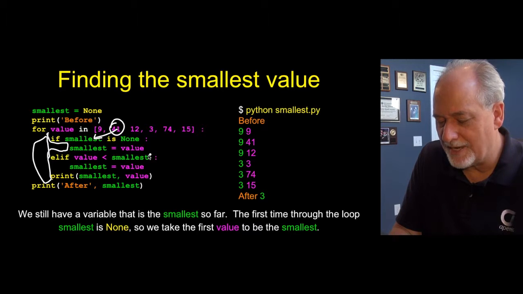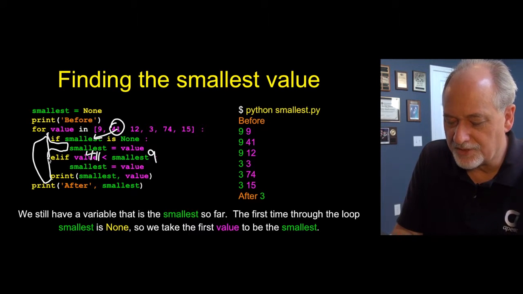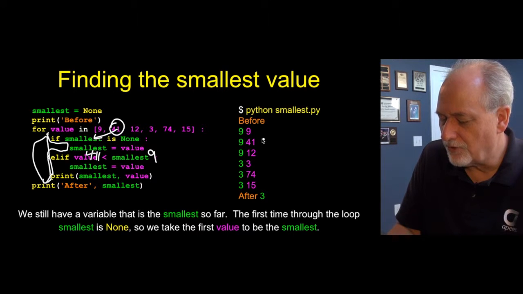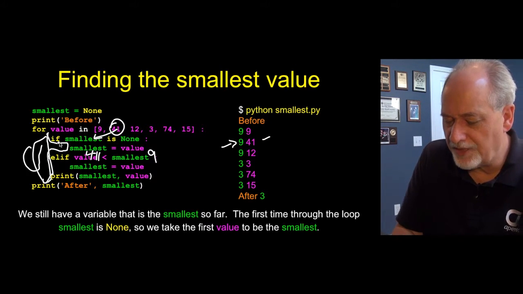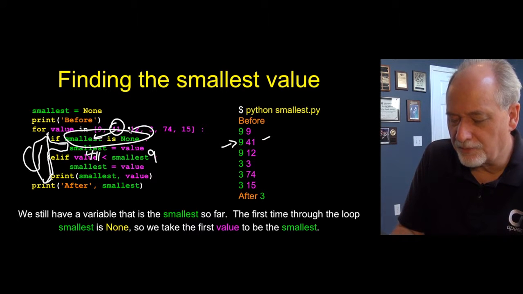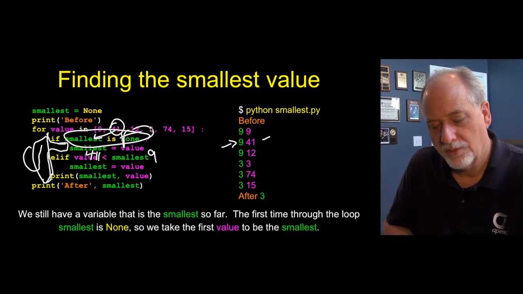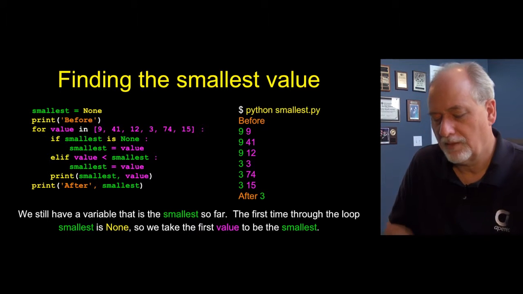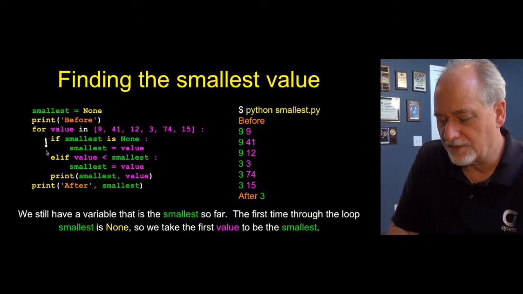Well, smallest is 9 in this case, and this is 41, so that's false, so it skips that and goes on. So we see 41, we don't take it, and you can see that this will never become true again. This is pretty much false for the rest of the iterations of the loop. So it just is going to run down here and ask this question.